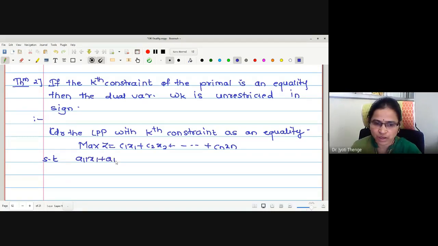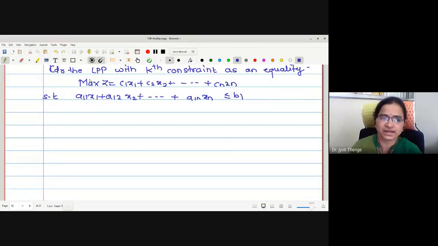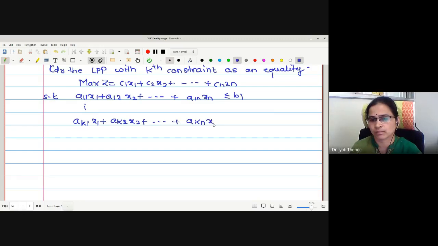A11x1, A12x2, so on up to A1n xn less than or equal to B1. I will not write the second and third; I will write directly the kth one. What are the coefficients in the kth one? Ak1 x1, and so on, less than or equal to Bk.